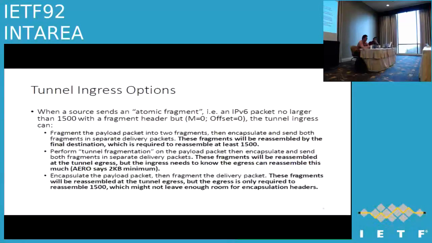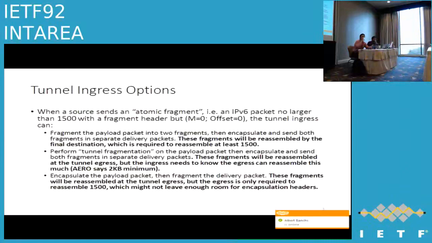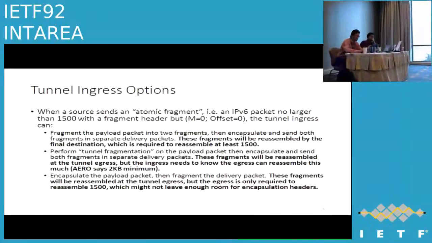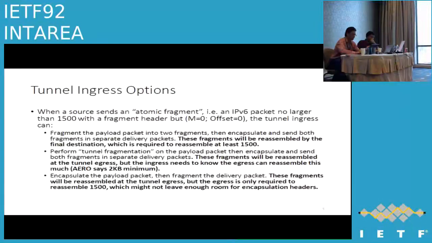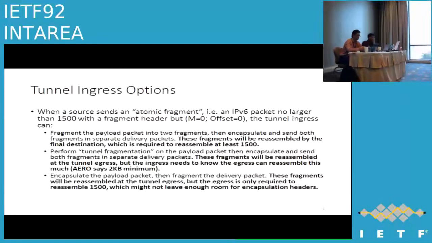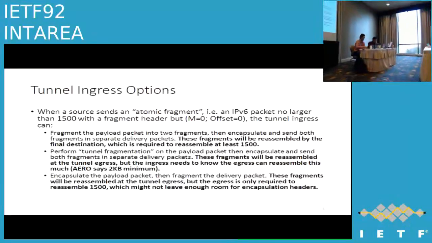Or it can perform tunnel fragmentation on the payload and encapsulate and send both fragments in separate delivery packets. These fragments will be reassembled at the tunnel egress, but the ingress needs to know that the egress can reassemble this much; for example, that there's at least a 2K byte minimum MRU on that side. Or it can encapsulate the payload packet, then fragment the delivery packet, and these fragments will again be reassembled by the tunnel egress. Next chart.